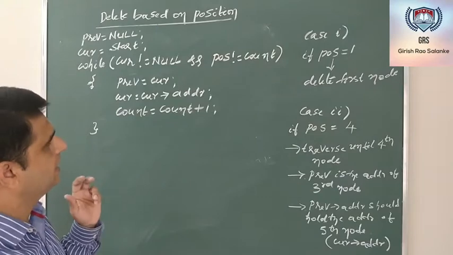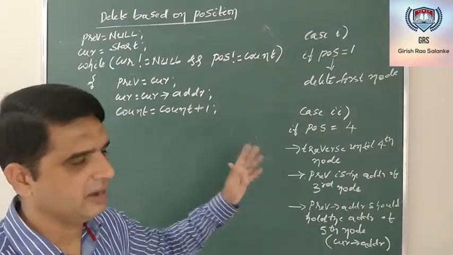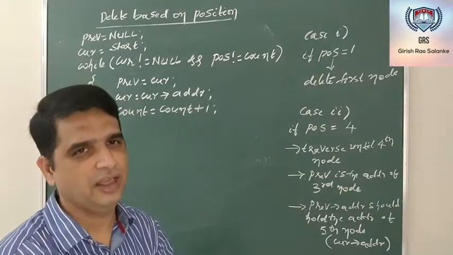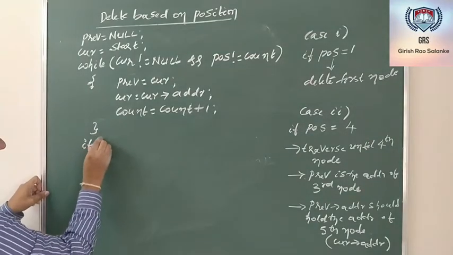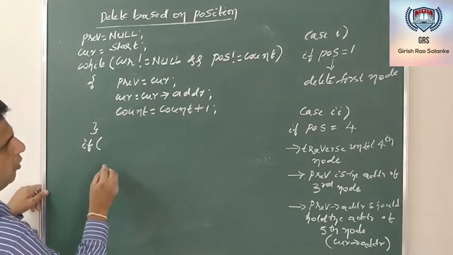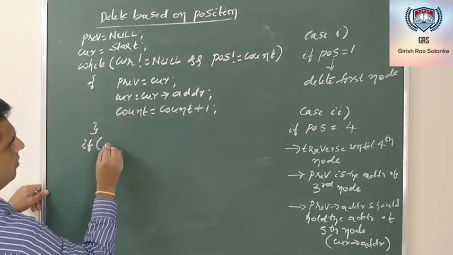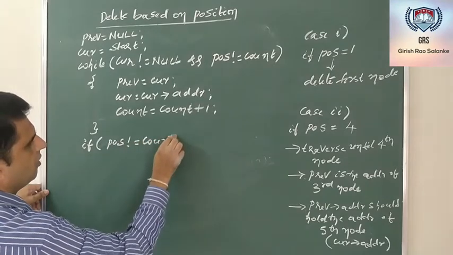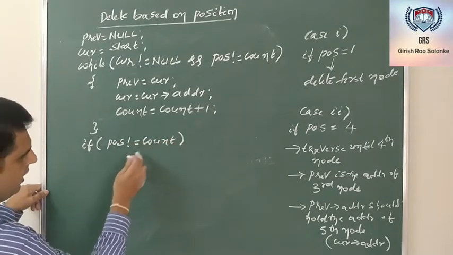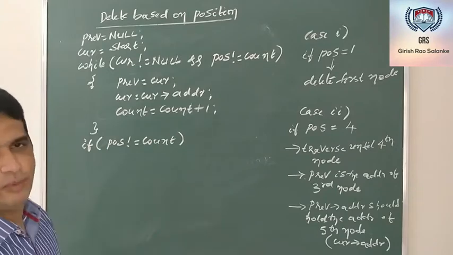Now in this case, while traversing, if current goes beyond the linked list, or you can use any of the conditions, I can use the other condition as if position and count are not the same. If position not equal to count, or you can take it as if current is equal to null.